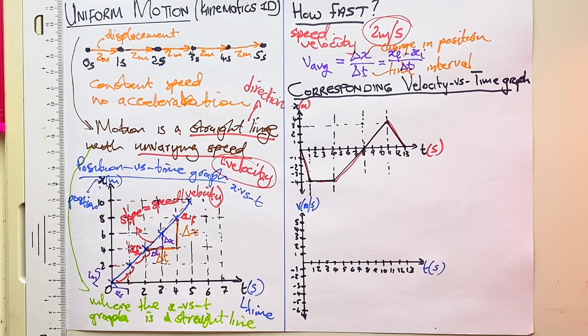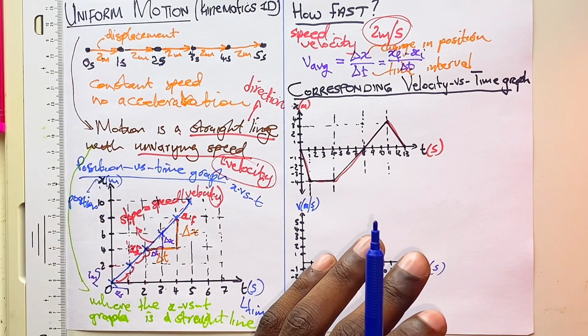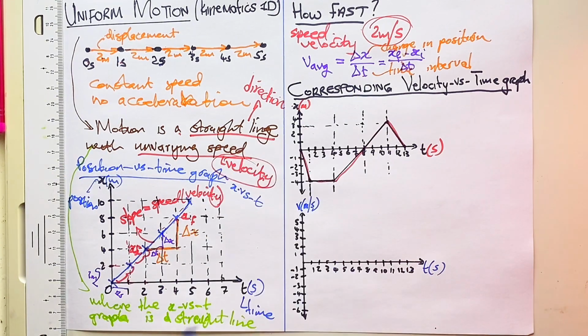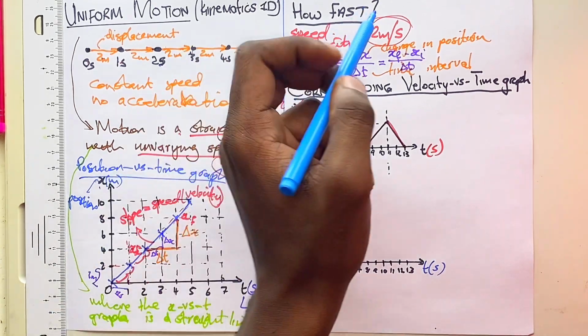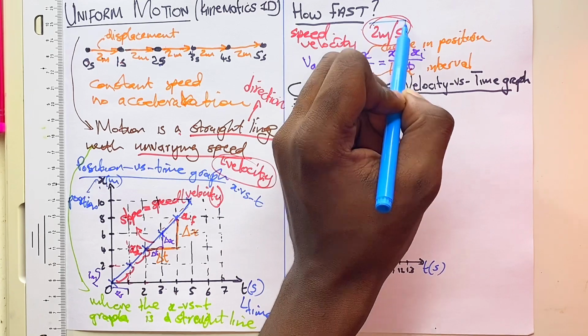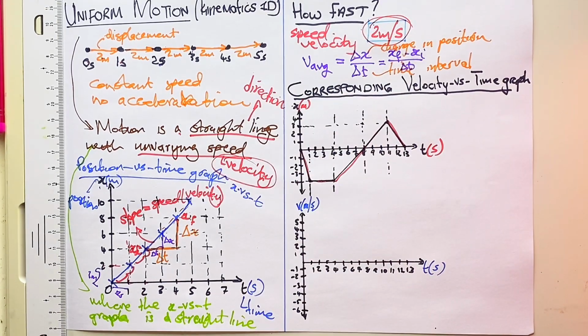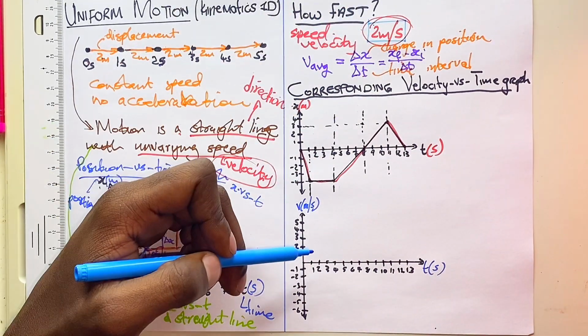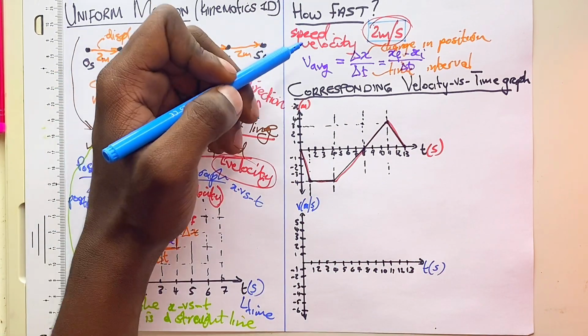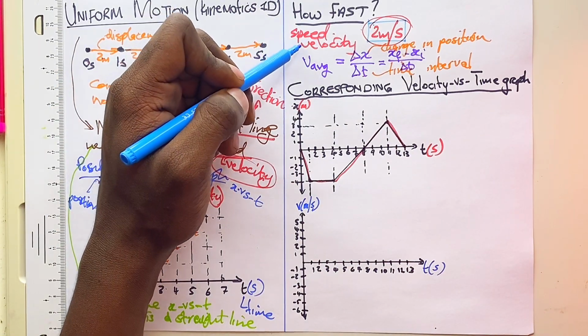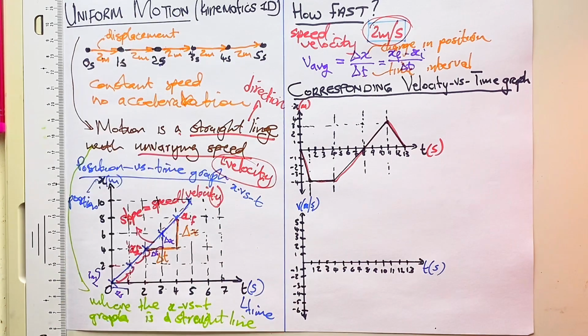Why do I keep exchanging speed and velocity? It is because in this instance our speed is just a magnitude, so we know that it is 2 meters per second. But how can we use this to know which direction it is actually going in? And once I start to talk about direction, I will now talk about velocity.